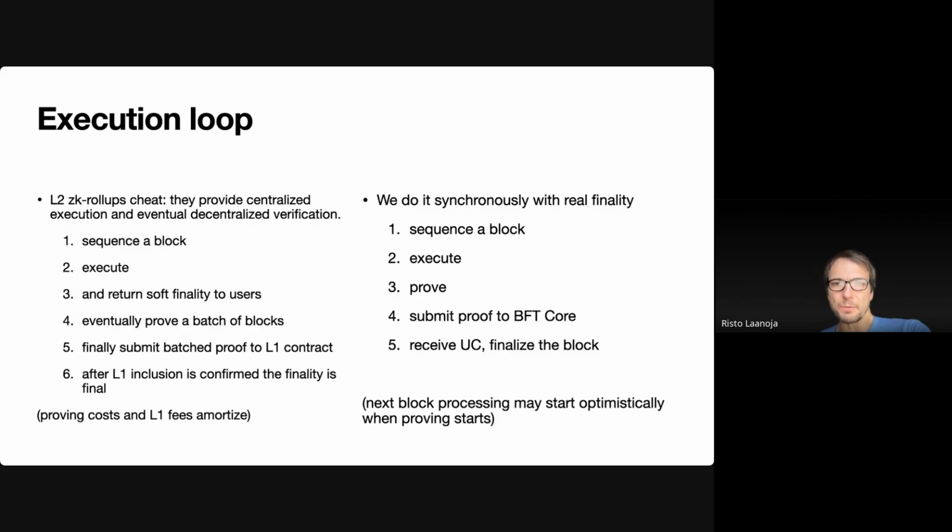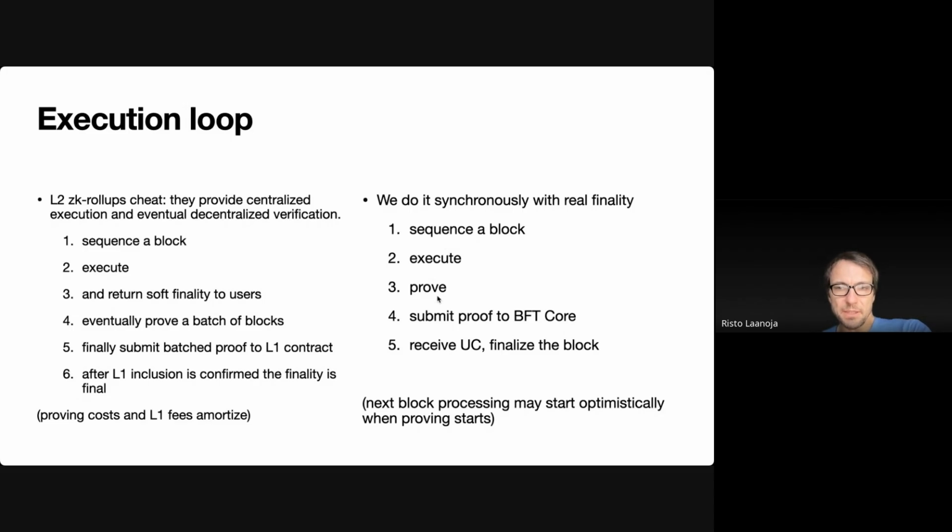So how does it work? First, we collect transactions. We put together a block. We execute the block, and then prove, or create a zero-knowledge proof, that the block was executed correctly.